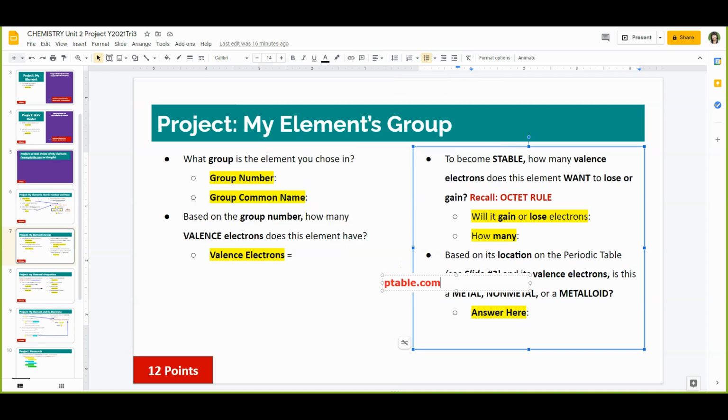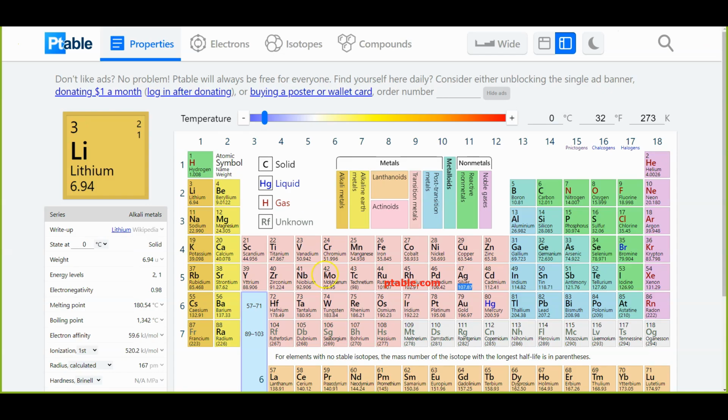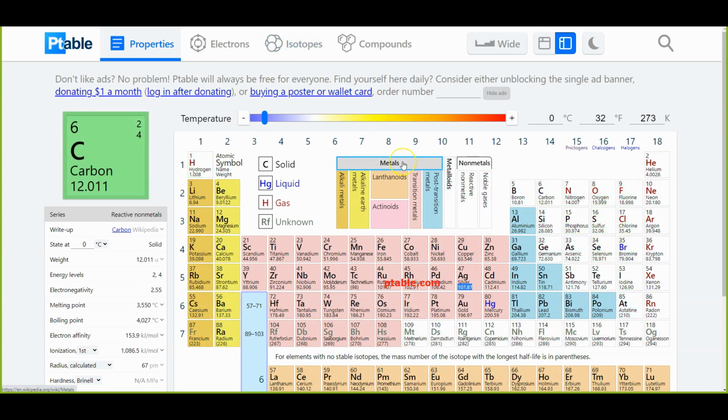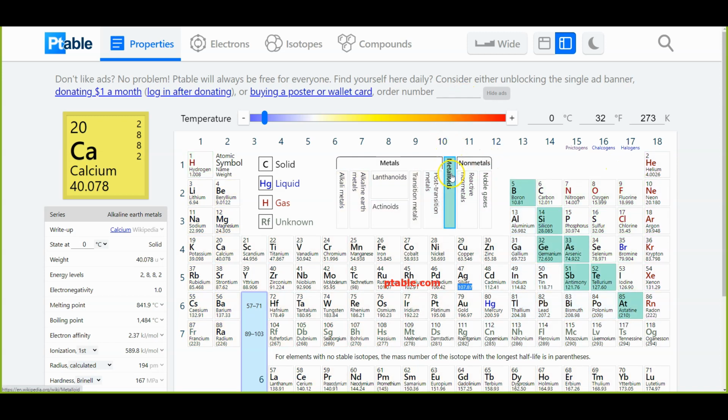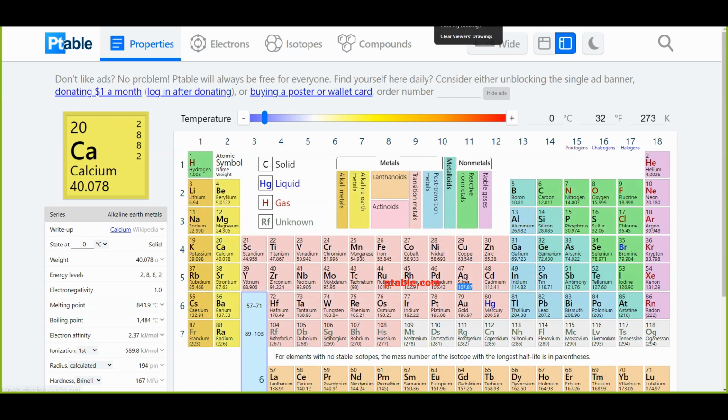So ptable.com, taking a look here, right? So you can actually see here if you highlight metals, you can see if yours is a metal, right? So if your element is highlighted when you hover over metals, then you know it's metal. If yours is highlighted when you hover over nonmetals, then you know it's a nonmetal. And if yours is highlighted when you hover over metalloids, you know it's a metalloid.